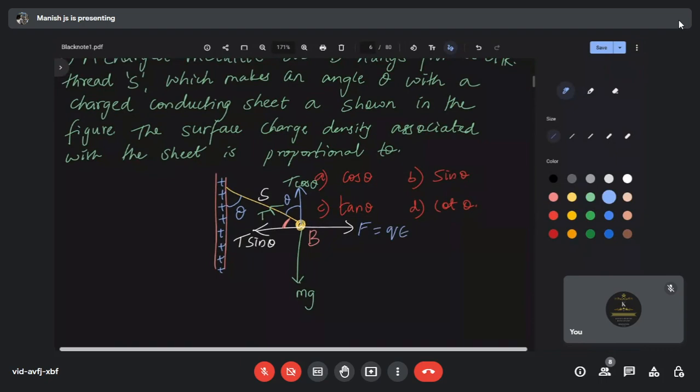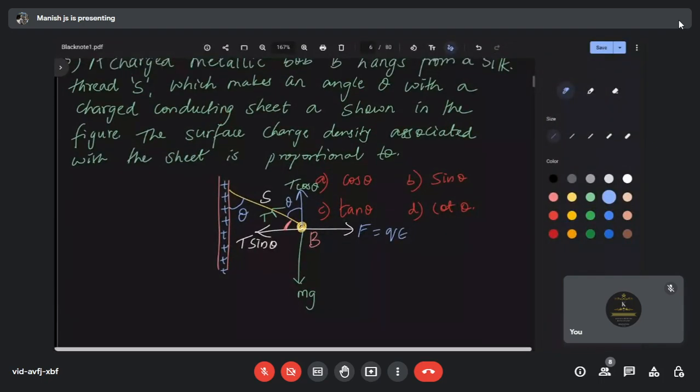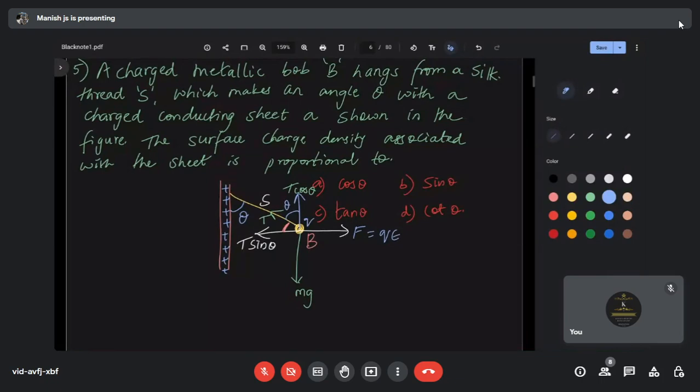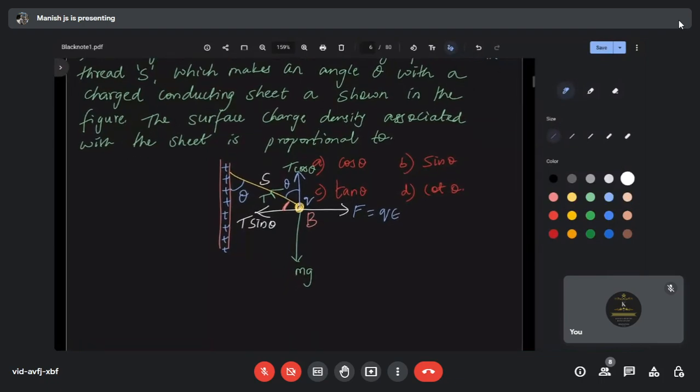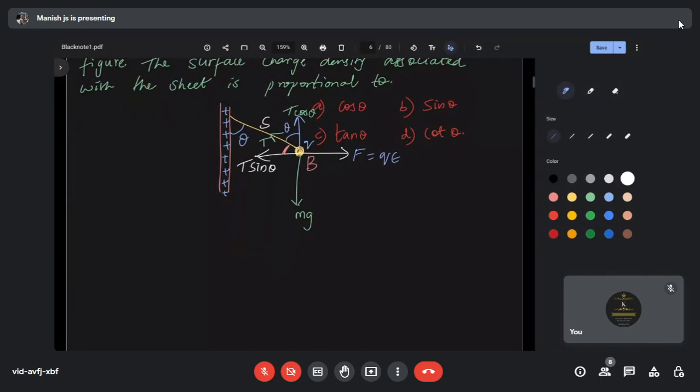The electrostatic force is going to act away from the charge, and the charge being positive, it is going to be a repulsive force. If you place a test charge, don't you think it will get repelled? So it is going to be away from the sheet. So F is equal to QE acting towards the right, isn't it? You will place a test charge here, Q. So with respect to that, it is going to be Q into E. So once நீங்க இதெல்லாமே காமிச்சிட்டீங்க அப்படின்னா at equilibrium, what will happen?